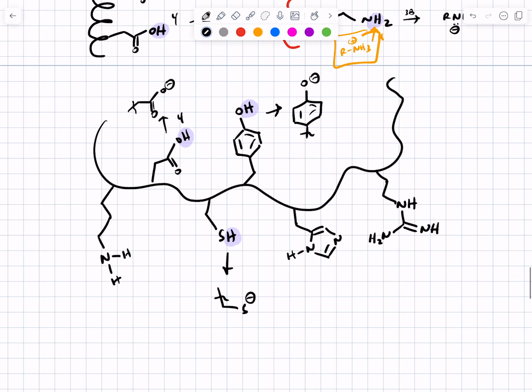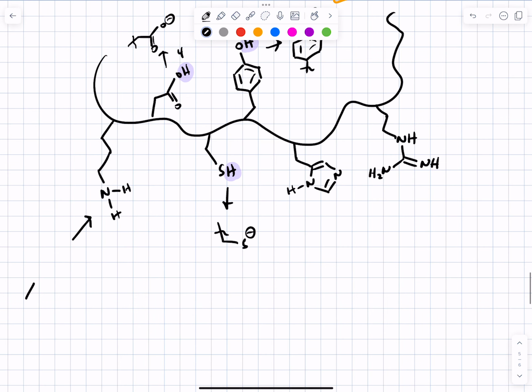The others do have negatively charged conjugate bases, but their pKa's are so high as to not be important in aqueous solution. So what I'm going to do instead is just draw the positively charged conjugate acid.